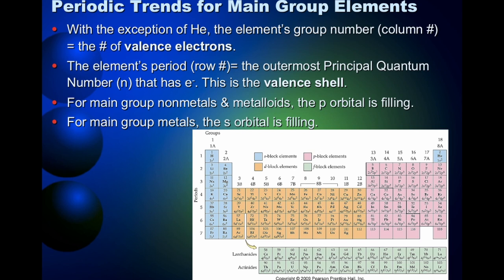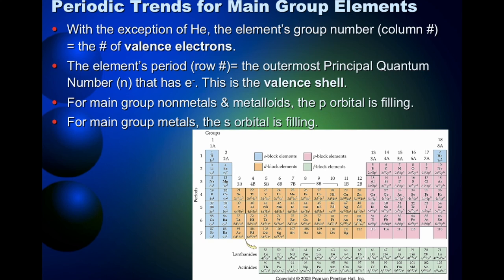Okay, so I'm now going to summarize the periodic trends for main group elements. With the exception of helium, the element's group number is equal to the number of valence electrons. Helium's different because it only has 2 valence electrons, because shell 1 only holds 2 electrons.